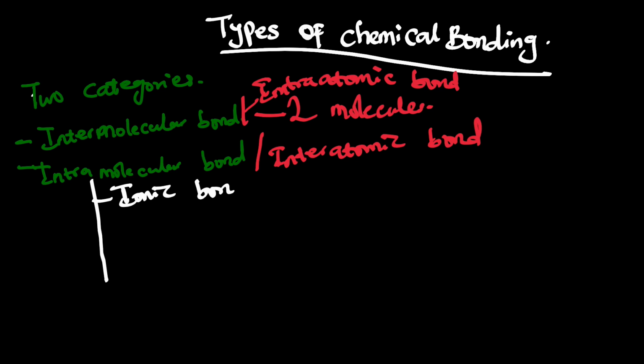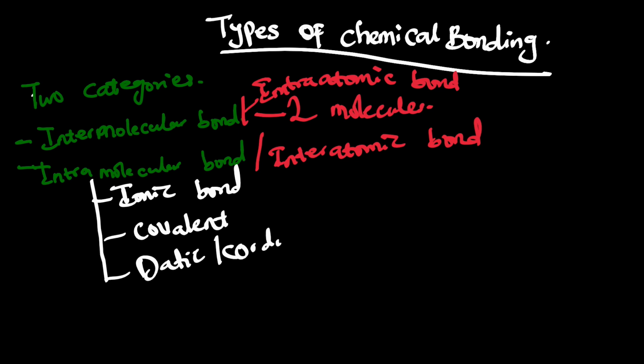Ionic bond. The second one is what? Covalent. And the last one is what? Dative. Dative can also be known as coordinate covalent bond. Do you get that? All right.